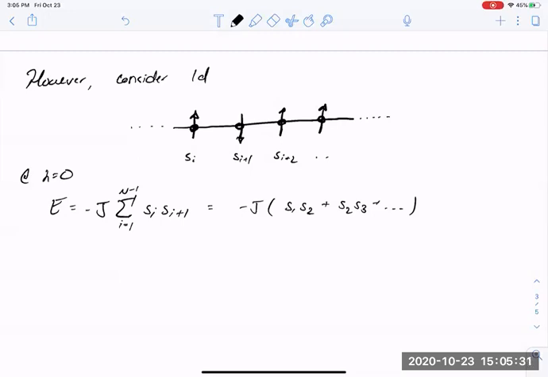S1 times S2, well, S1 could be plus or minus 1, S2 can be plus or minus 1. That might seem like there's a number of different values that the product could have, but of course that product can only itself be plus or minus 1. So there is the same amount of information in the product S1 S2 as there is in the individual spin variables themselves.